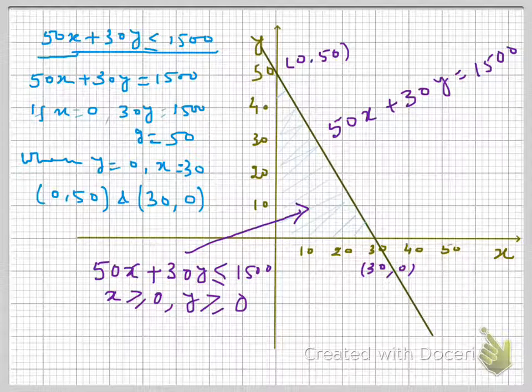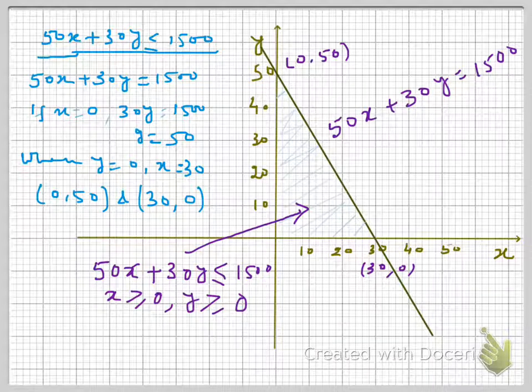So you see in this graph we have X axis and Y axis. We are trying to draw the straight line 50X plus 30Y equal to 1500. This is a straight line which represents 50X plus 30Y equal to 1500. You can draw this straight line in whatever way you want.